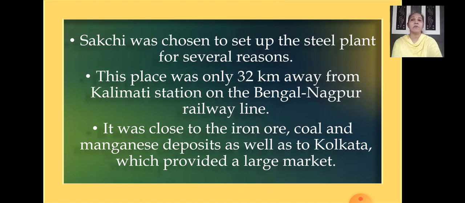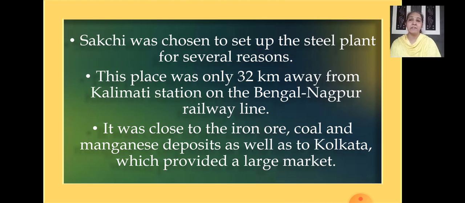See, this place was only 32 kilometers away from Kalimati station, on the Bengal-Nagpur railway line. Children, if you refer to the map given to you for the location of the iron and steel industry in Jamshedpur, you will understand why the place was chosen for TISCO according to the factors that were available.